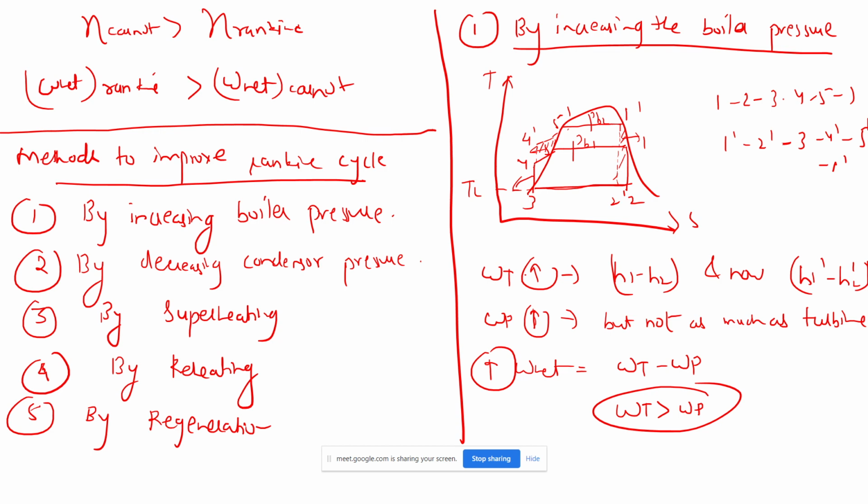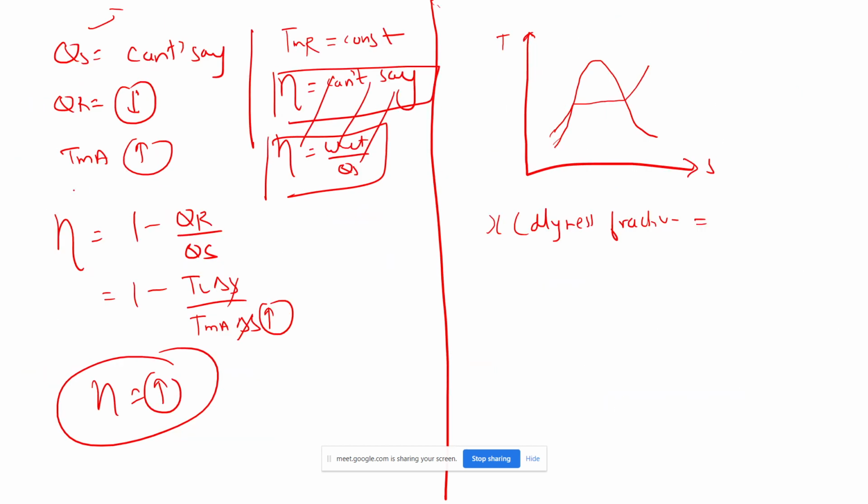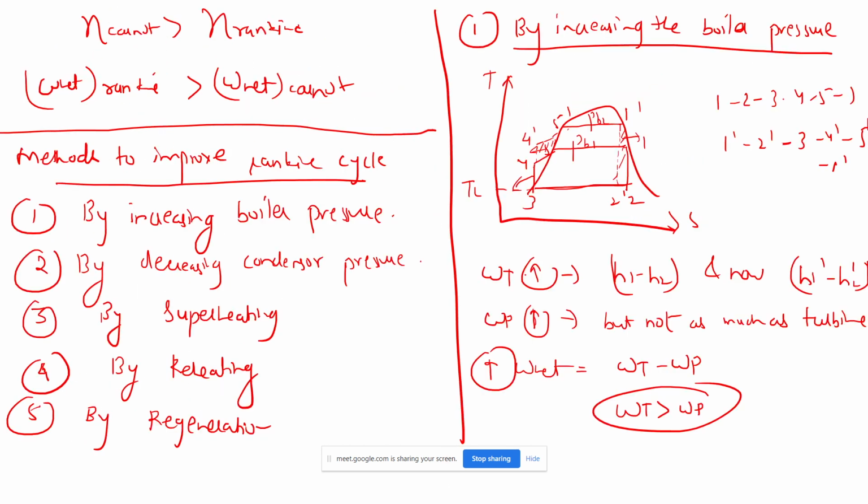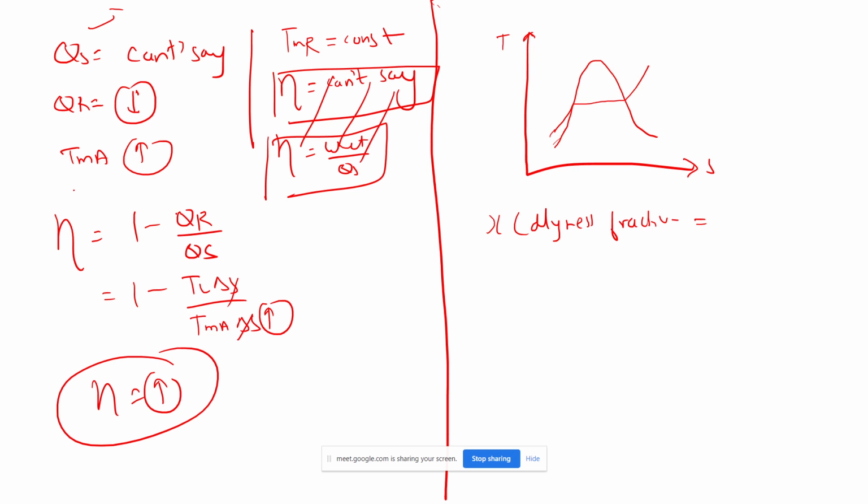You just remember this formula actually: 1 minus T lower upon T mean temperature of heat addition. This T is the mean temperature of heat rejection. Okay. From here we will get that, because it will remain constant and the other will increase, that's why the efficiency will increase. Okay.